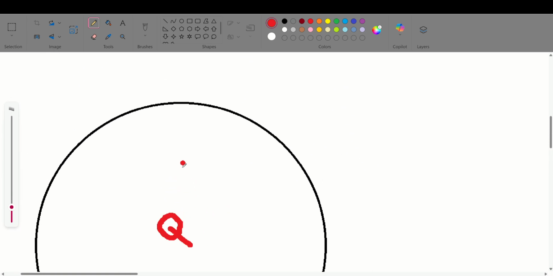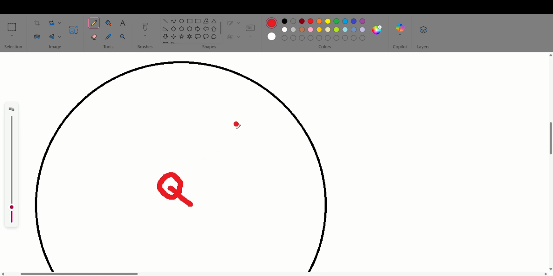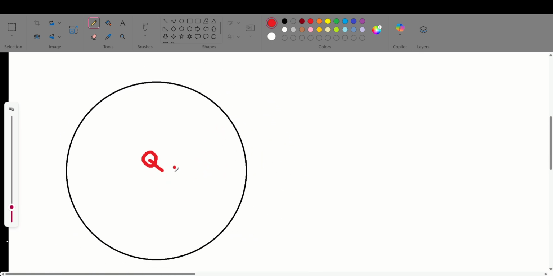We would like to find the electric field produced by the charge q at the edges of the sphere. Keep in mind that the sphere is hollow, it does not have anything inside it except for the charge. And the sphere has a radius of r.